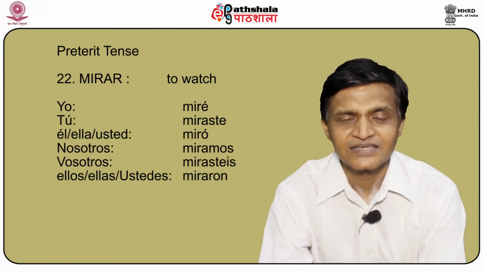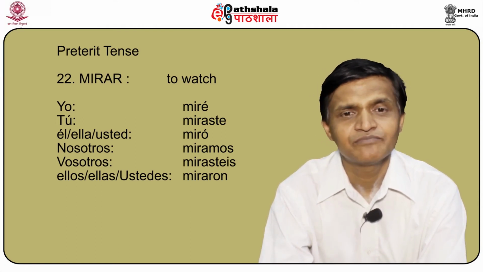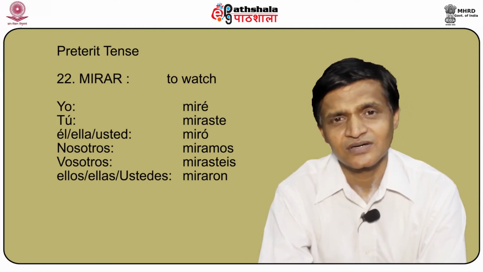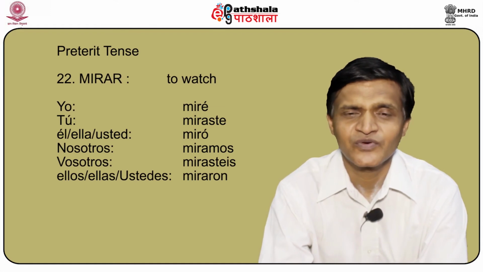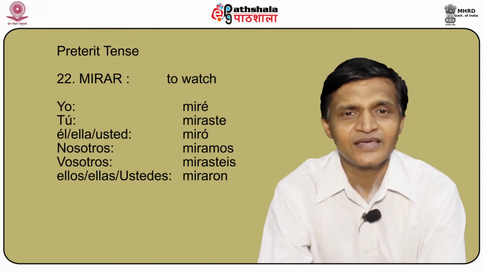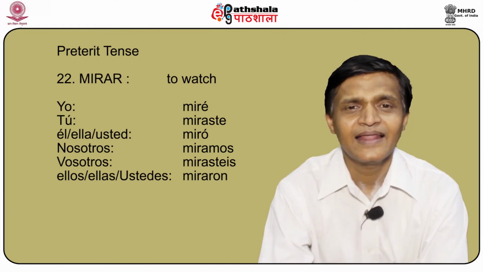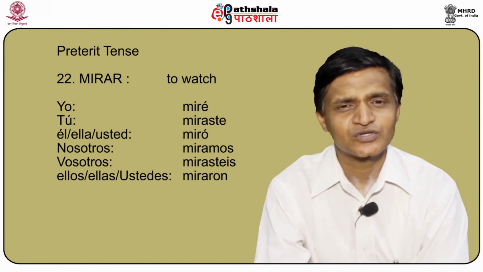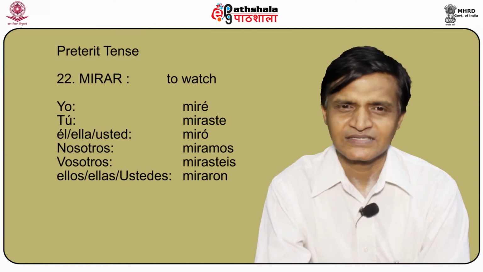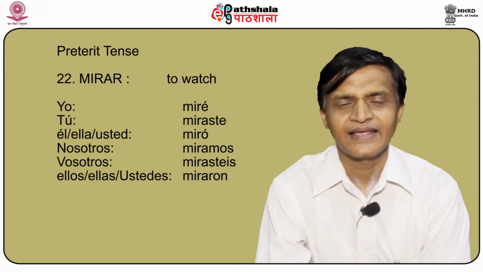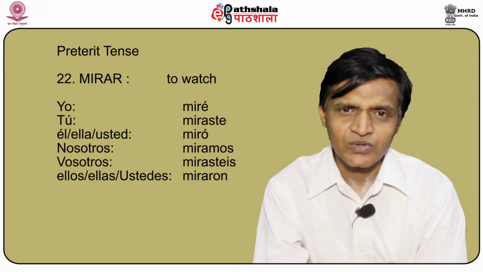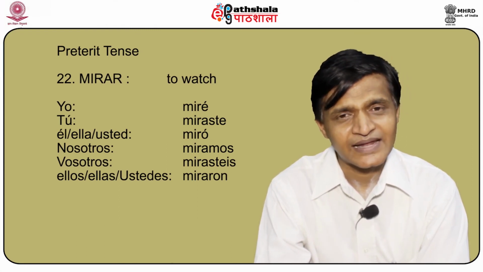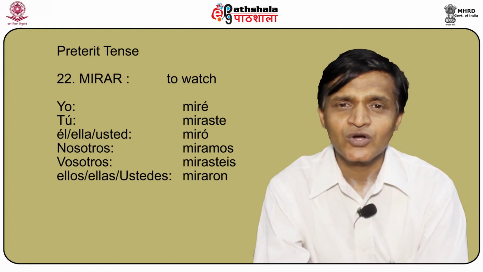So all you have to do is to put the nouns or the pronouns before that. It is yo miré, tú miraste, él, ella, usted miró, nosotros miramos, vosotros, vosotras mirasteis, and ellos, ellas, and ustedes miraron.